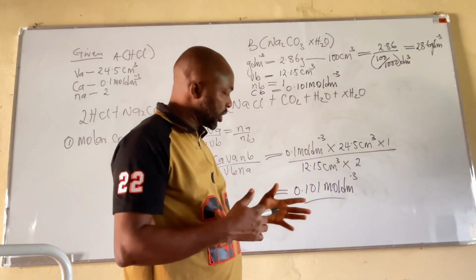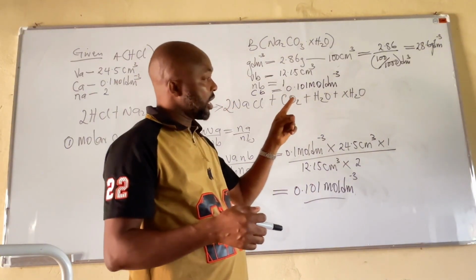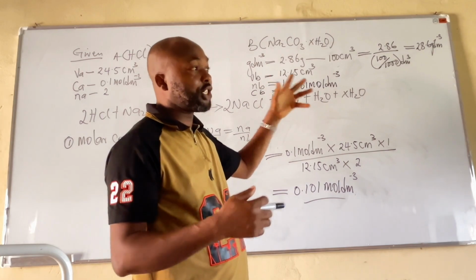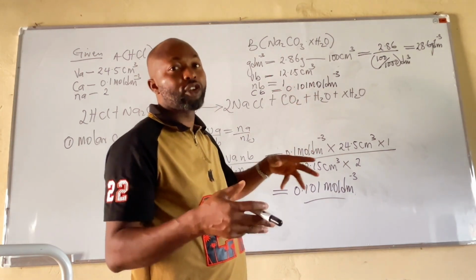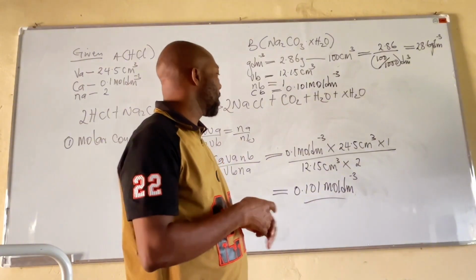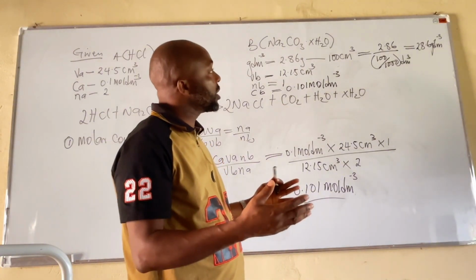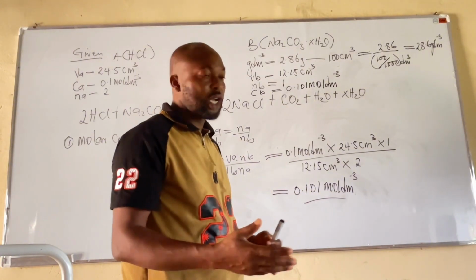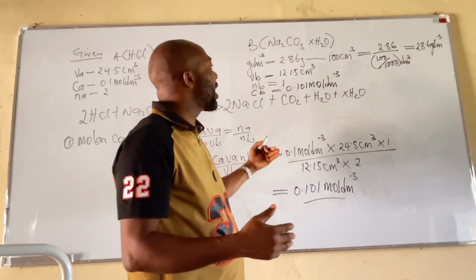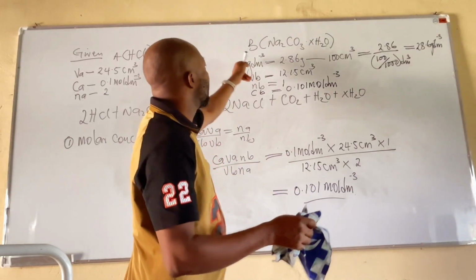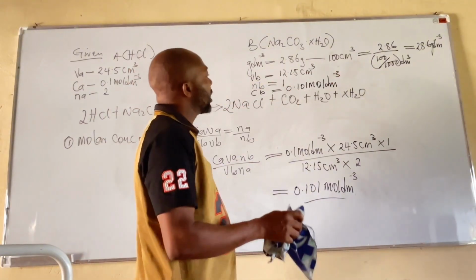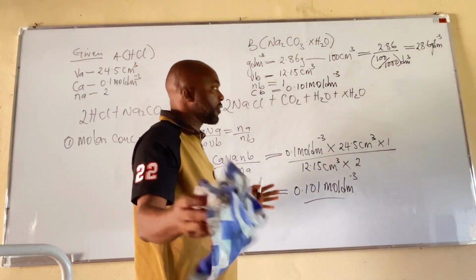Anytime you do your calculations and that of the anhydrous is larger than that of the hydrated, then you're wrong. That of the anhydrous should be lower at all times. Let's find out the mass concentration of the anhydrous. That is only when we can check the number of moles of water of crystallization. So now, that of the hydrated is 28.6. That of the anhydrous is what? Let's find out.